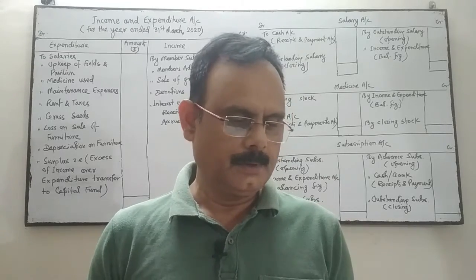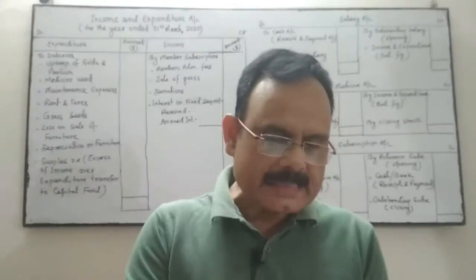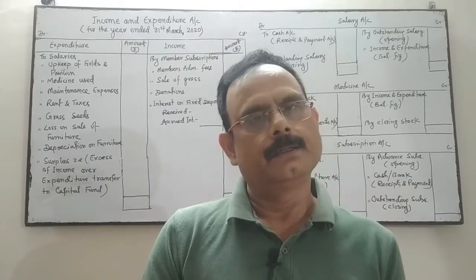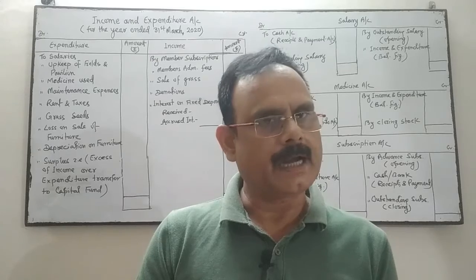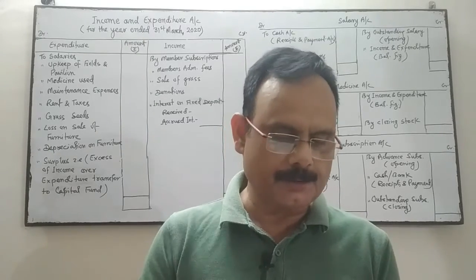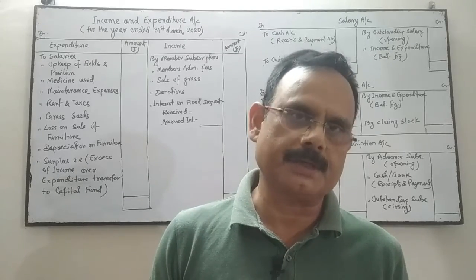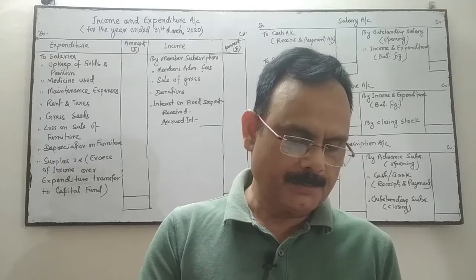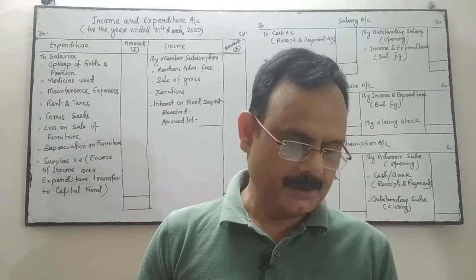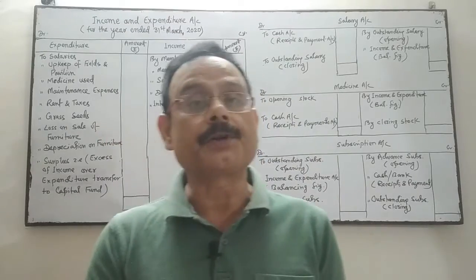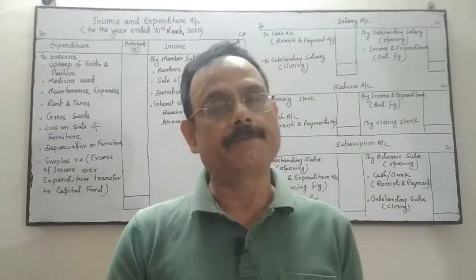So in this question, one receipt and payment account has been given. In the receipt side, your opening balance is cash in hand, cash at bank and fixed deposit, in which the rate of interest has also been given at 9% per annum. Thereafter, membership subscriptions, members admission fees, sale of furniture, sale of grass, donation, match fund receipts, interest on FD.